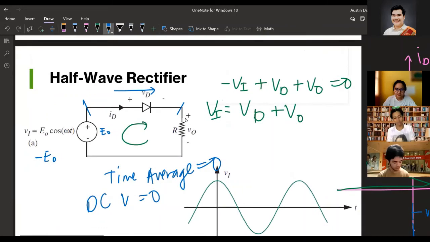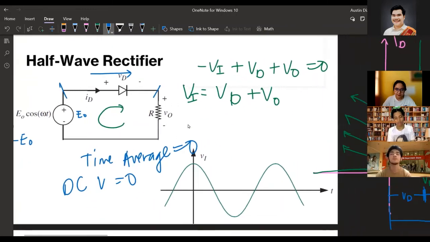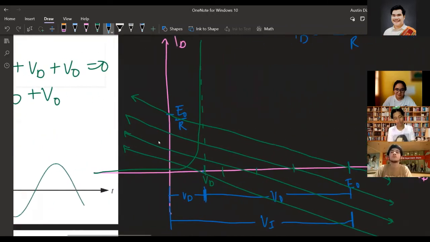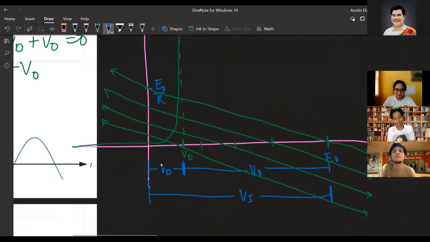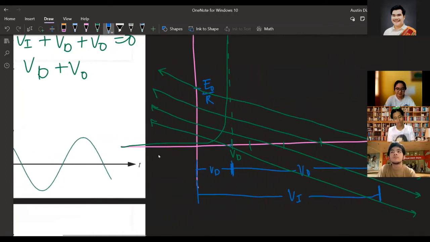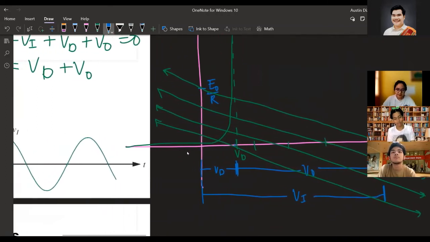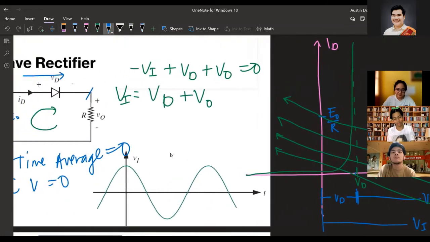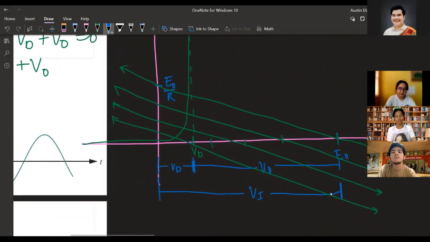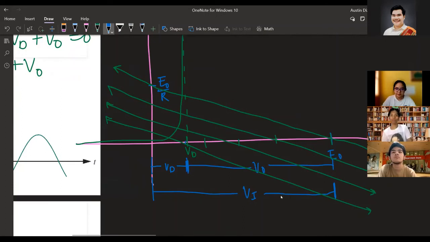However, kapag tinignan mo na yung voltage at this part sa resistor mo, you can see that yung paggalaw, di ba, yung VI ko gagalaw siya from E not, tapos papunta sa kabilang negative E not, tapos babalik siya, magko-cosine wave siya, di ba?